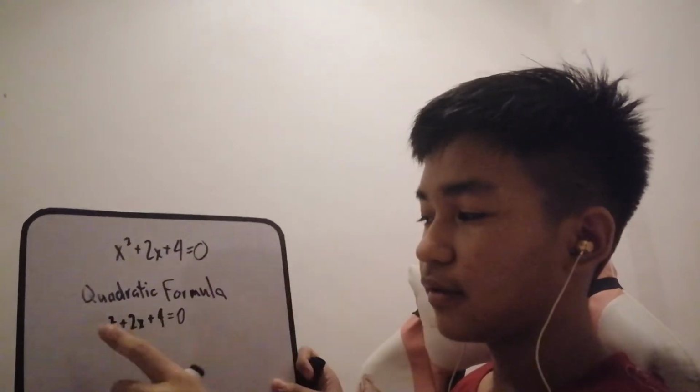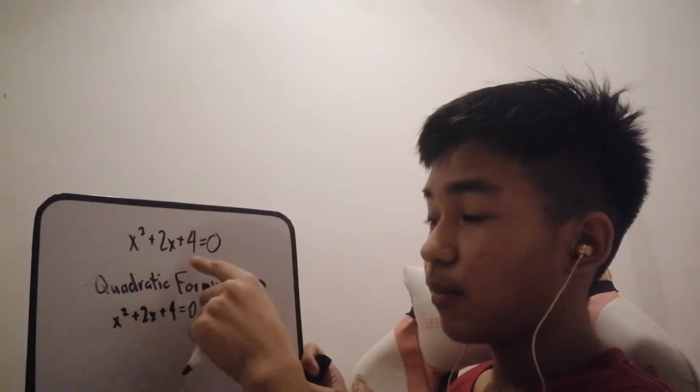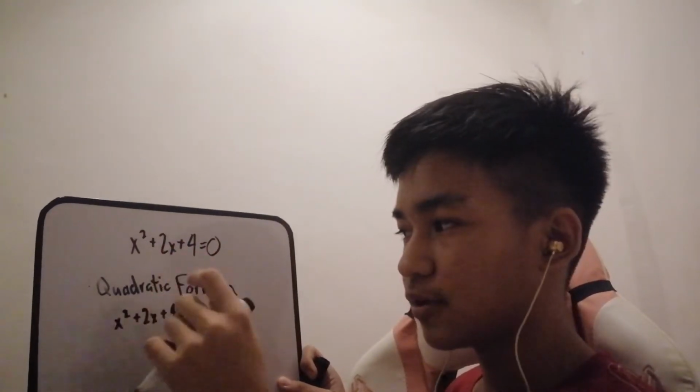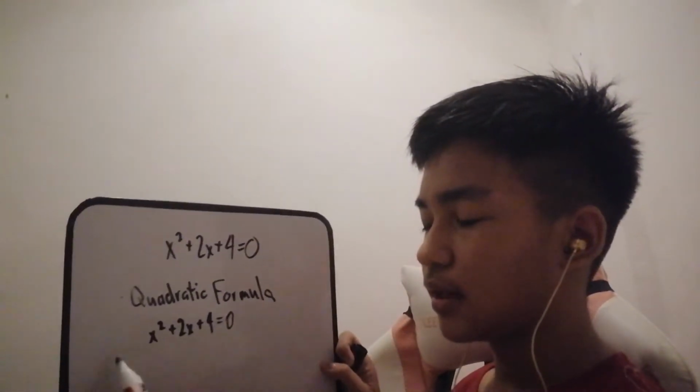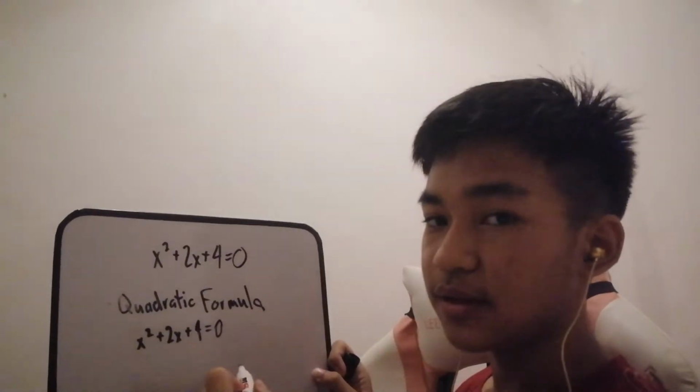Now, this is the given: x squared plus 2x plus 4 equals 0. This is a standard form. Now we will convert it to quadratic formula. So we will put it in this. Now we will convert it to a, b, and c.